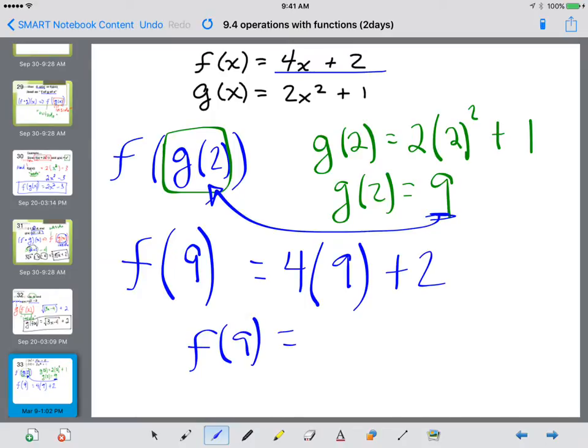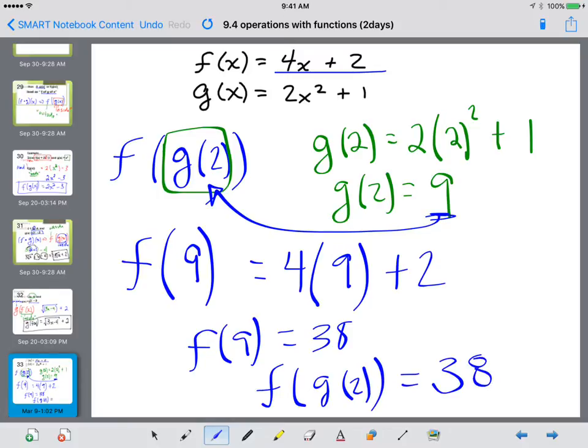So f of 9 equals 36 plus 2, 38. So f of g of 2, after all that, is equal to 38. So when you're trying to do a composition of functions and you get a number, your answer should be one solid number. Let me show you one more.